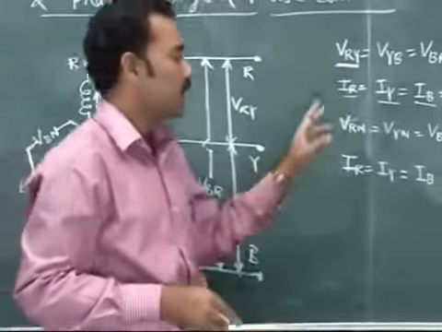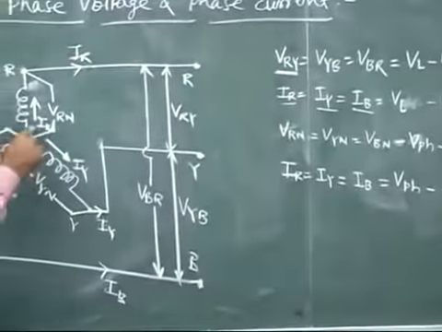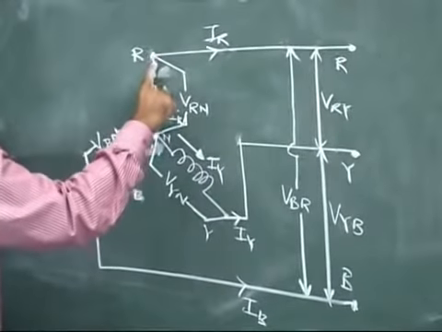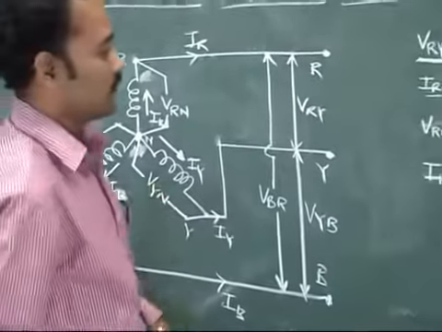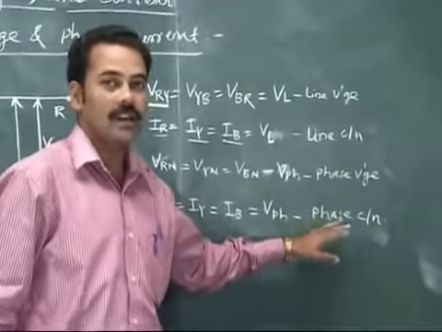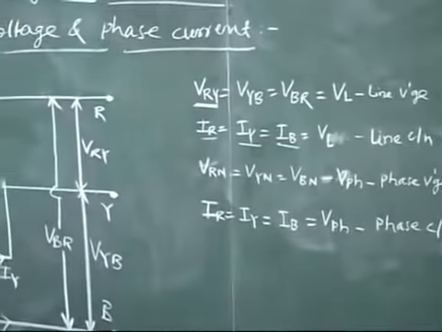The current flowing through the branch R is the phase current. So we can define the line voltage, line current, phase voltage and phase current for this supply system.